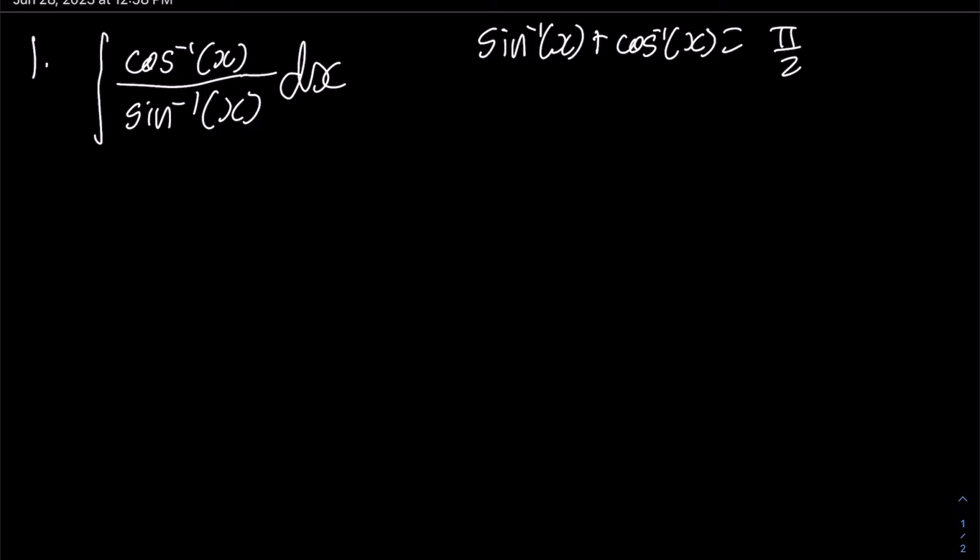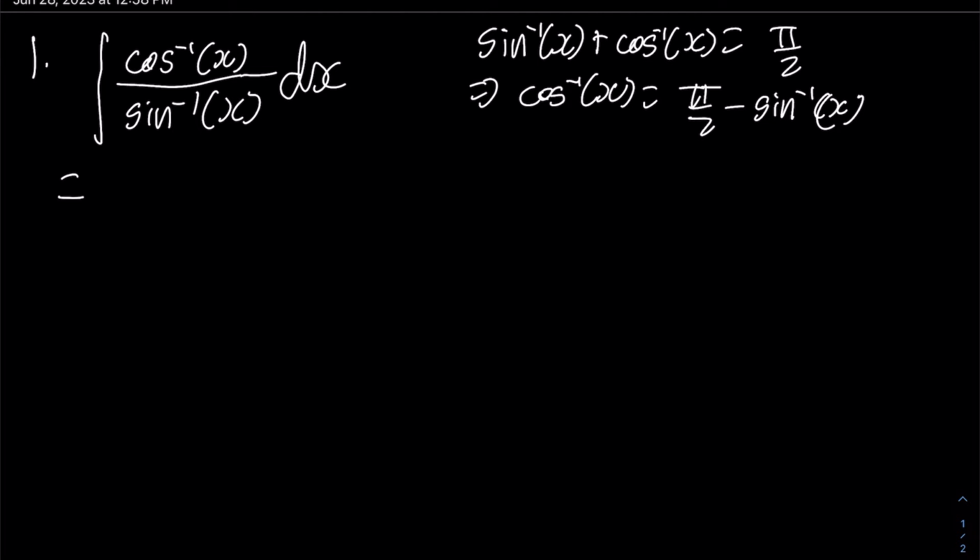So what we can do here is we can solve for the inverse cosine of x by subtracting the inverse sine of x on both sides. And we see that the inverse cosine of x is the same thing as pi over 2 minus the inverse sine of x. So what we can do is we can actually replace our numerator with that exactly.